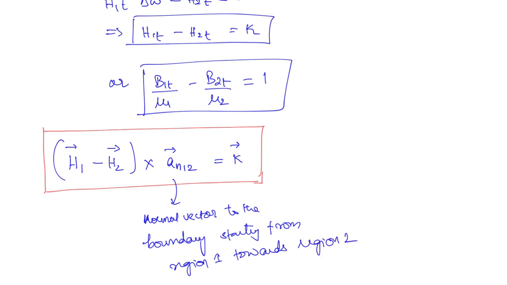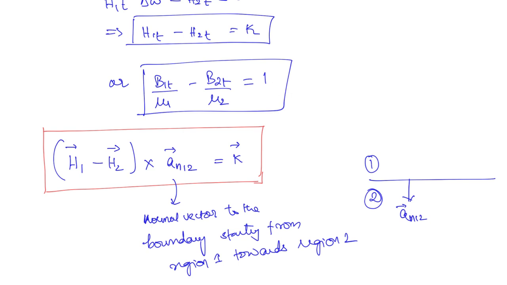Okay, this point is important. It is from region 1 to region 2. Okay, because if you take the boundary here, if this is region 1 and this is region 2, then this is going to be the normal vector an12 bar. Okay, so if you are drawing in the opposite direction, then it is going to be minus an12, right? So this point is important. The vector should be from region 1 to region 2. So if you verify, you're going to get the same result as this.